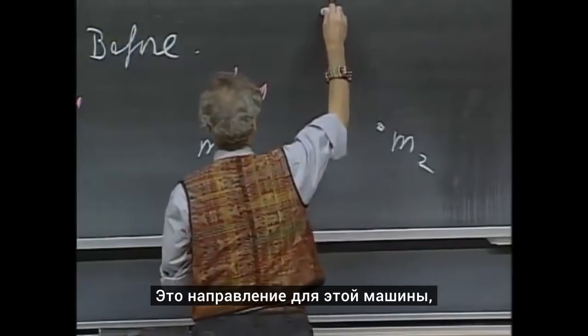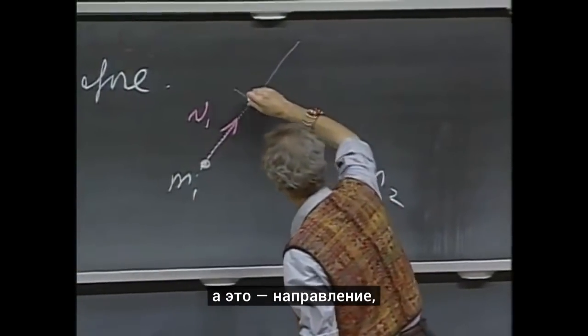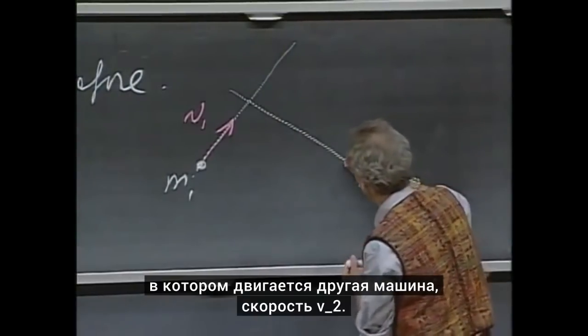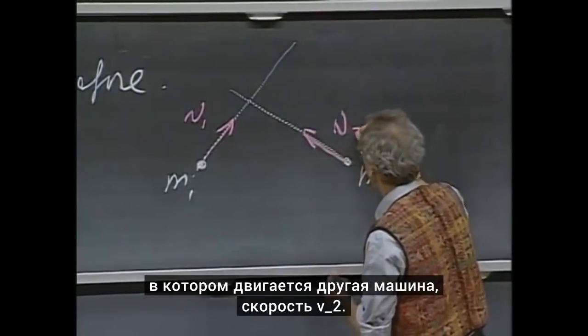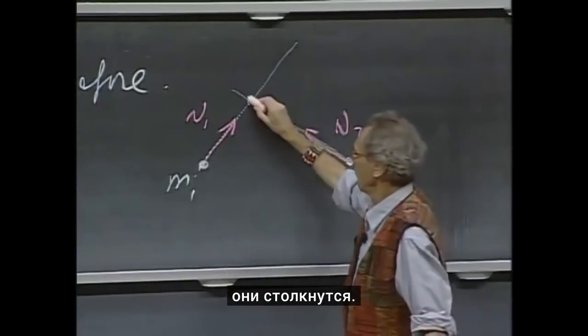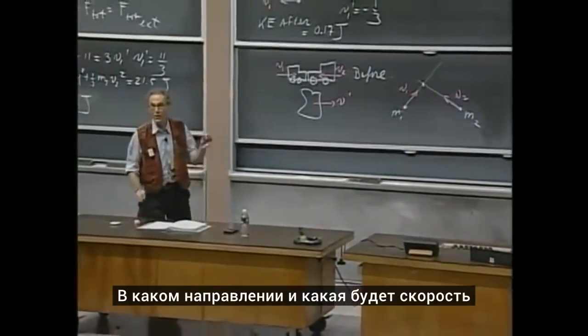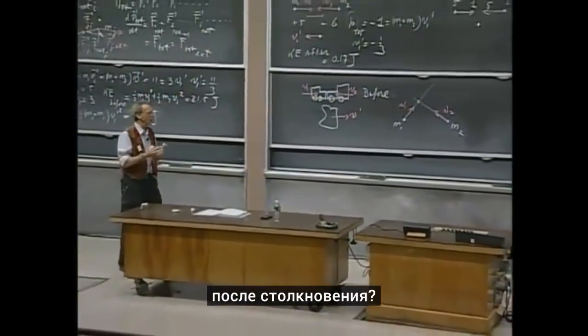So this is the direction for this car, and this is the direction in which the other car is going, velocity v2, and tragedy has it that this is the place where they're going to collide. In what direction and what will be the speed after the collision?